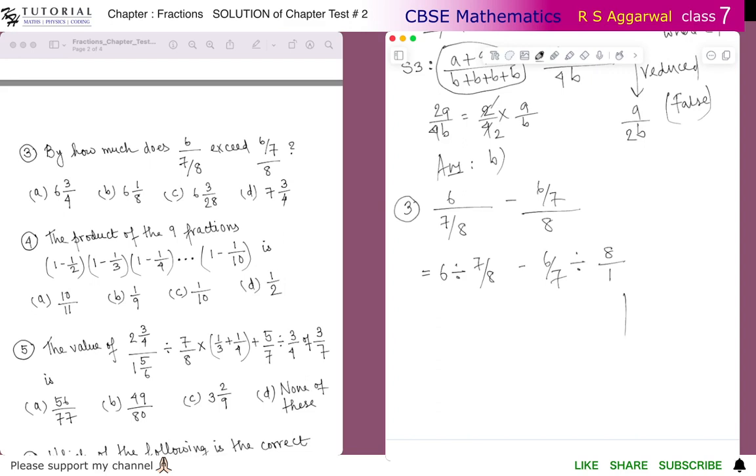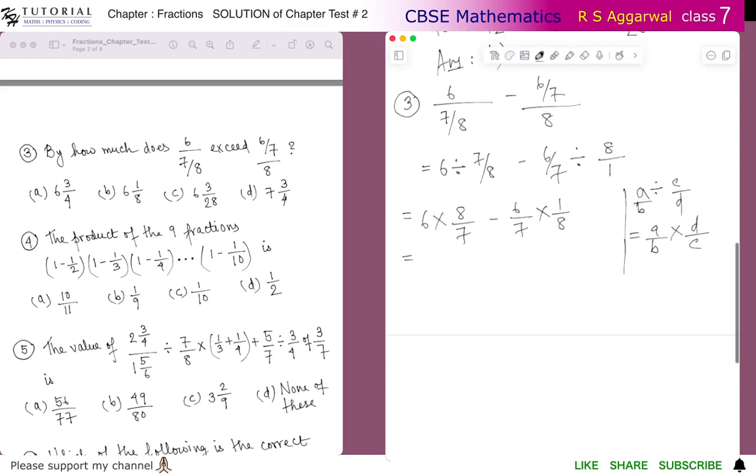Now you know that in the multiplication and division of fractions, which I have discussed in the theory class, when you divide a fraction A by B by another fraction C by D, this basically means you multiply the fraction A by B with the reciprocal of the fraction C by D, which is D by C. So this becomes 6 into 8 by 7 minus 6 by 7 into 1 by 8.